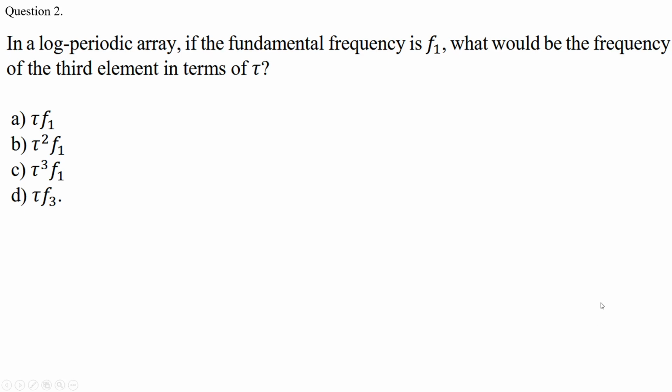So we know that tau, as the professor told us in the lectures, is the log period, and it is related to the subsequent frequency as: f(n+1) will be tau times the previous frequency, that is fn. So this is the relationship between the log period and the frequency.